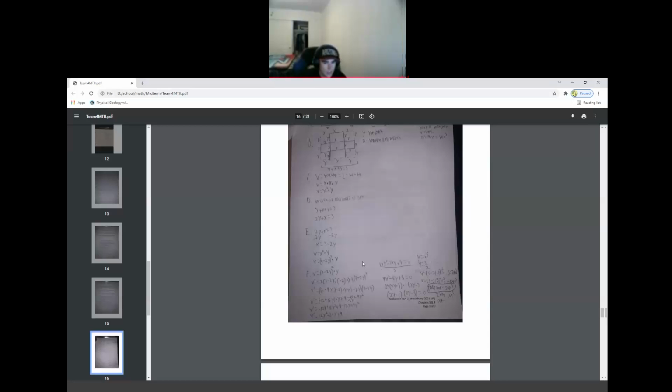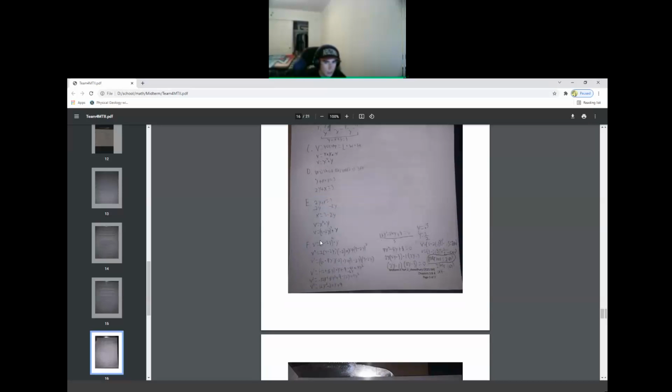I messed that up earlier; it's actually a 3 minus 2y. So for optimization, I know that you're supposed to take the derivative of this and then set it equal to 0. So I take the derivative of my volume using the chain rule and the product rule, which is not necessarily all that easy, but got it done.